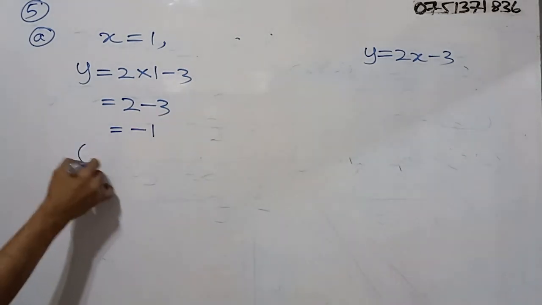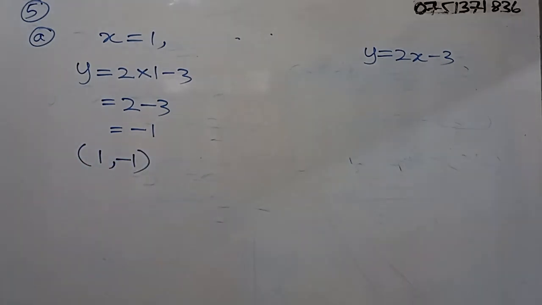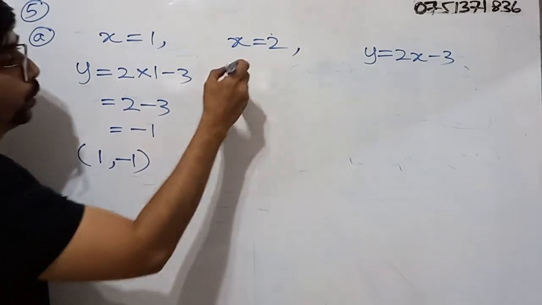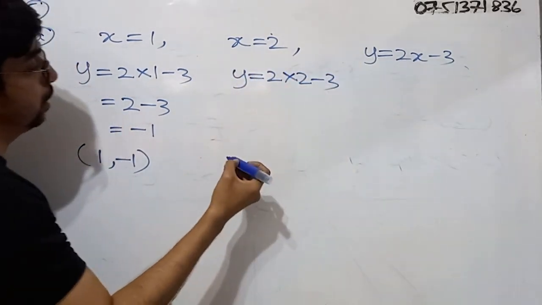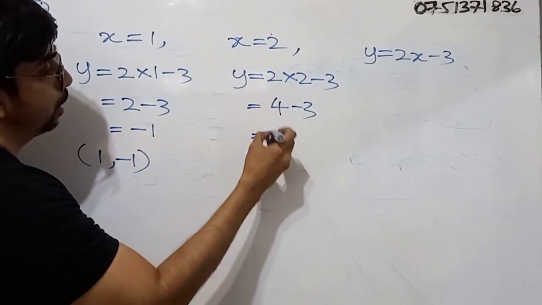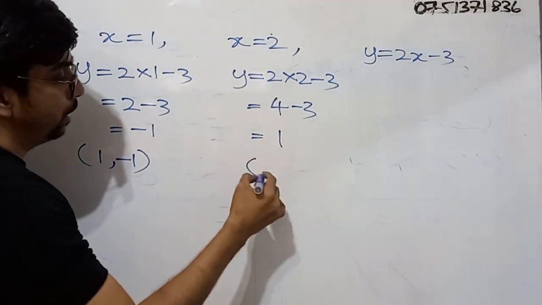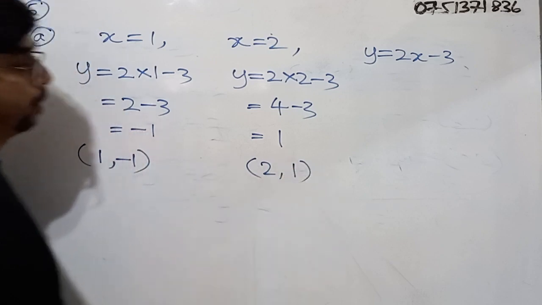That means when value of x is 1, y is negative 1. Right, so now we have to find the value of y when x is equal to 2. So y is equal to 2 into 2 minus 3. 2 into 2, that is 4. 4 minus 3, what's the outcome? 1. So that means when the value of x is 2, y will be 1.